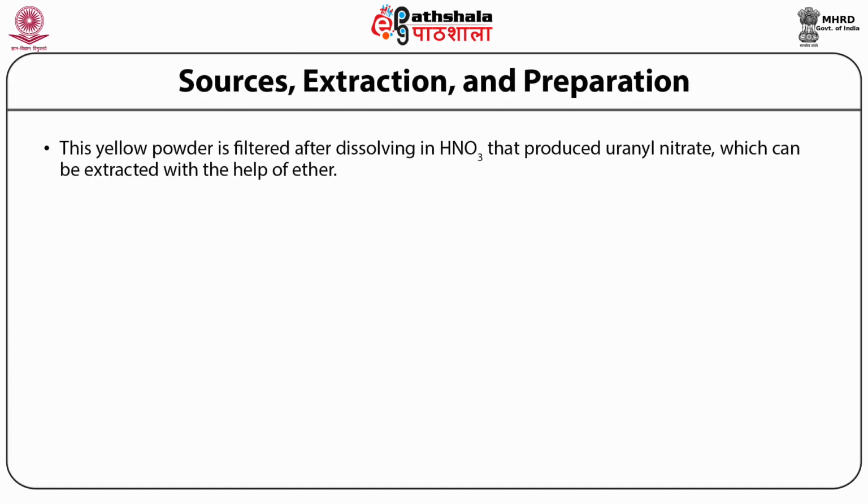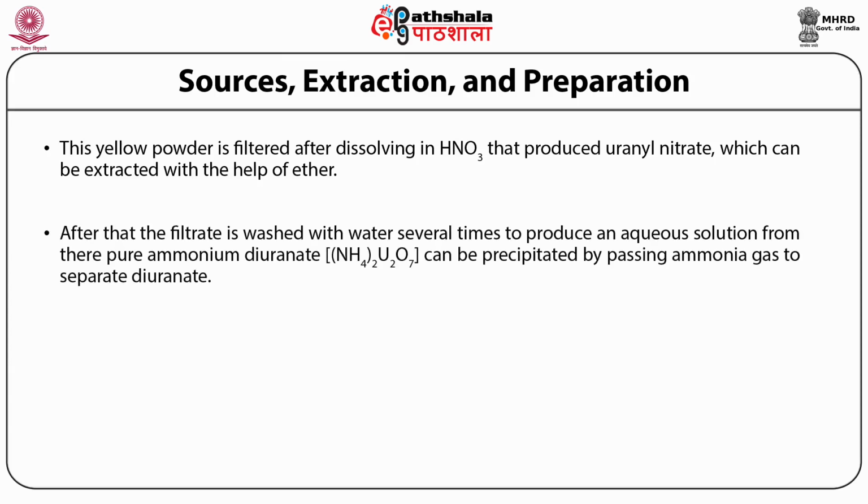This yellow powder is filtered after dissolving in nitric acid that produces uranyl nitrate, which can be extracted with the help of ether. After that, the filtrate is washed with water several times to produce an aqueous solution.